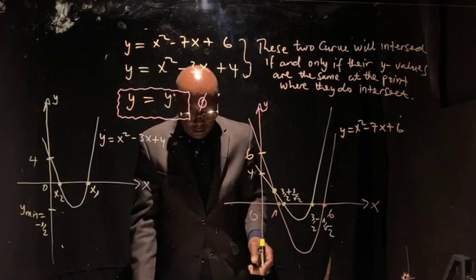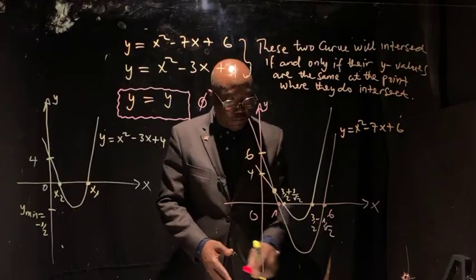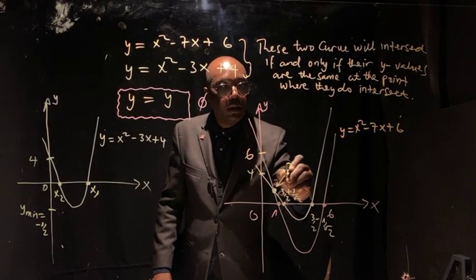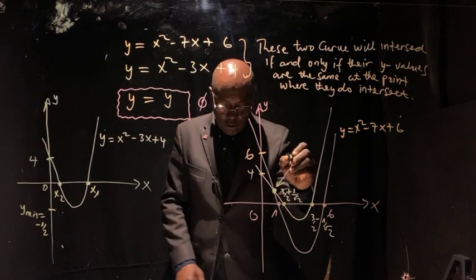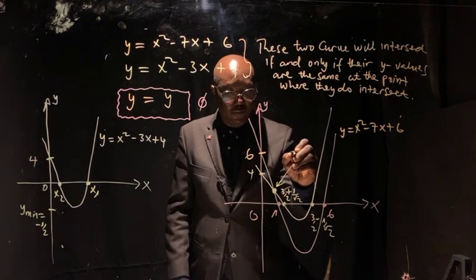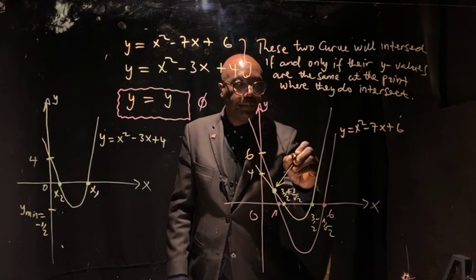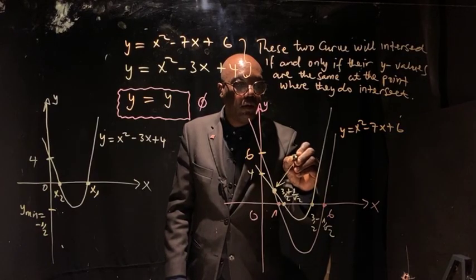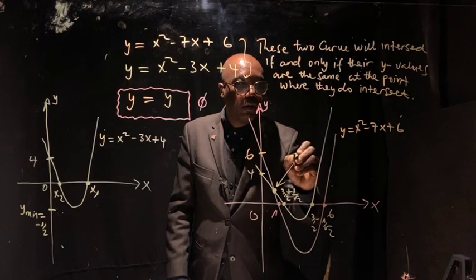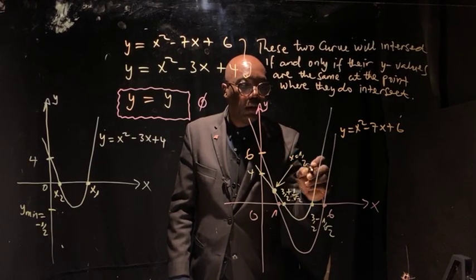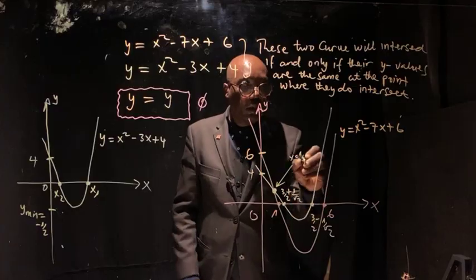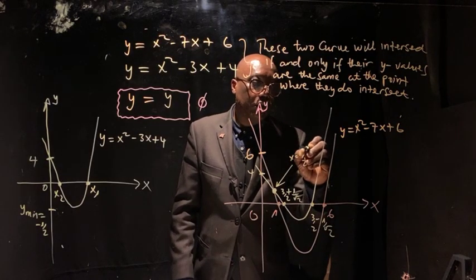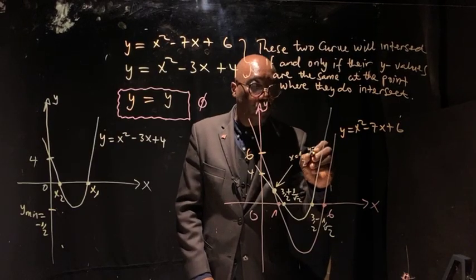So previously we found out that the coordinate of the point of intersection, this point, the coordinate was x equal to half and y equal to 11 over 4.